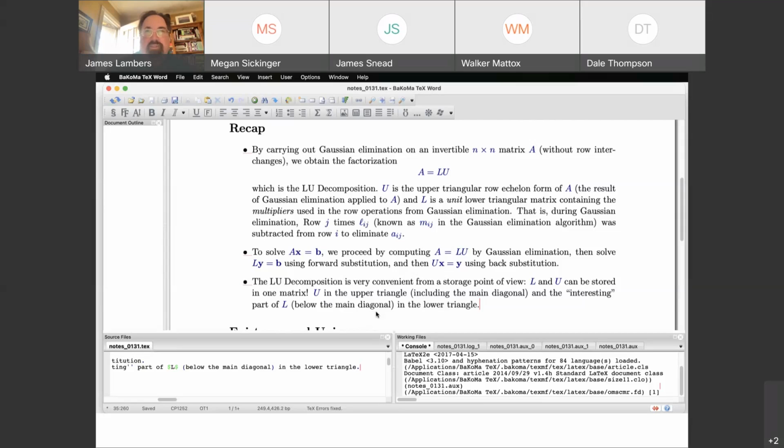In the past, some students have glossed over that part of the problem. They may have carried out Gaussian elimination correctly, but then they don't include the proper storage of L and U. That's an important part of that problem, so don't blow that off. I will be looking for that. You will lose points.